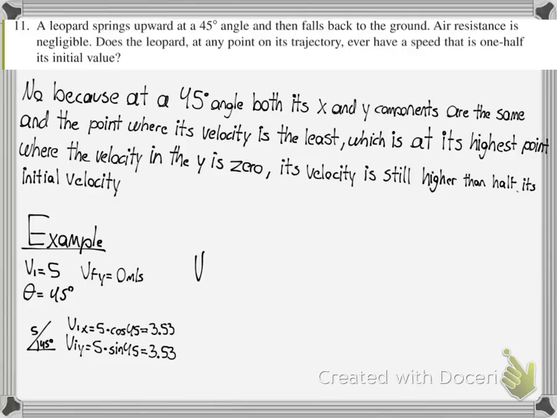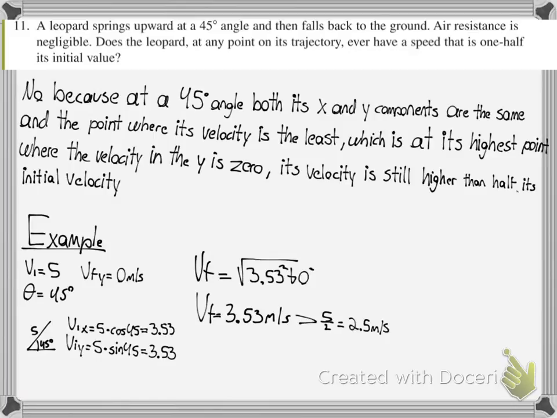Then in order to find the velocity of the object at its highest point, we would do the Pythagorean theorem, and we would do 3.53 squared plus 0 squared. The square root of that is still 3.53, which is greater than 5 divided by 2, which is half of the initial value. So that's why we would say that even if an object is at its highest point, its speed will still be higher than half its initial speed if it's fired at a 45-degree angle.